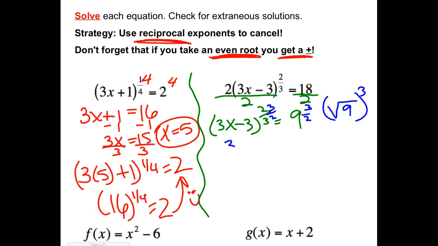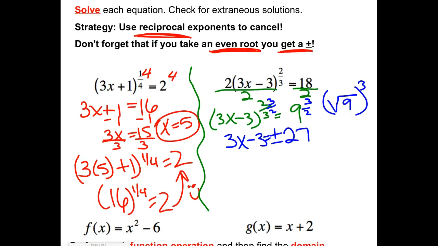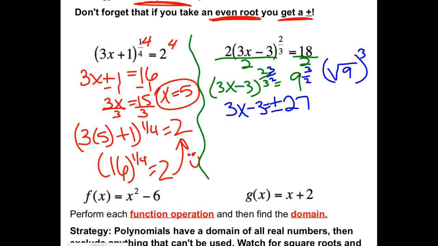So what we have here is 3x minus 3 equals plus or minus 27. So we're going to rewrite this as 3x minus 3 equals positive 27, and 3x minus 3 equals negative 27.